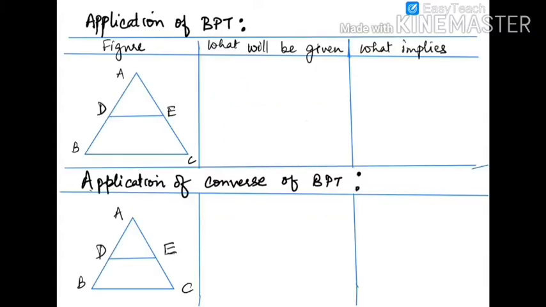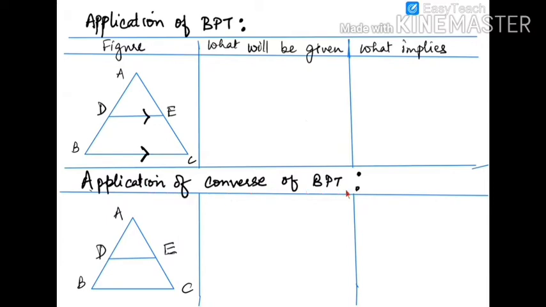Before we start with the questions, let's recall the basic proportionality theorem. According to the basic proportionality theorem, if a line is parallel to one side of a triangle, so DE is that line, and cuts the other two sides in two distinct points, D and E, then it divides these two sides in equal ratio, which implies AD upon DB should be equal to AE upon EC.